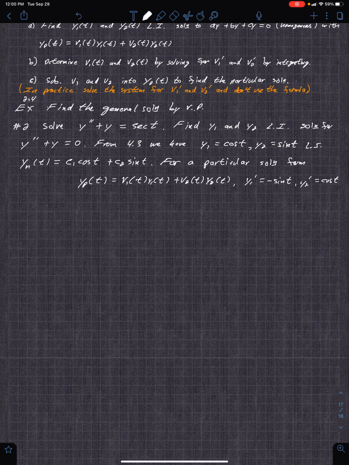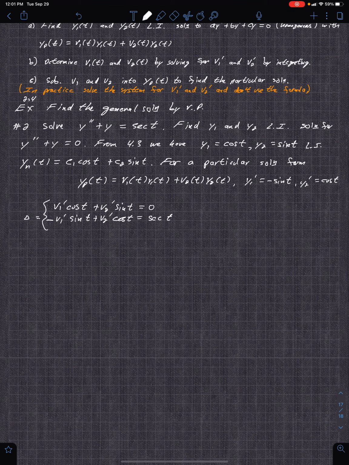And so now we substitute into the system, right? The little triangle one I made. So that system is v1 prime cosine t plus v2 prime sine t equal to 0, and negative v1 prime sine t plus v2 prime cosine t is equal to secant t.